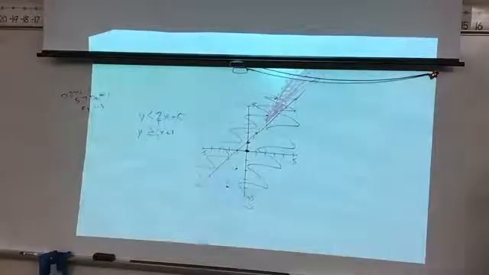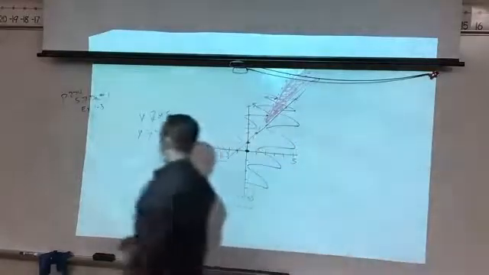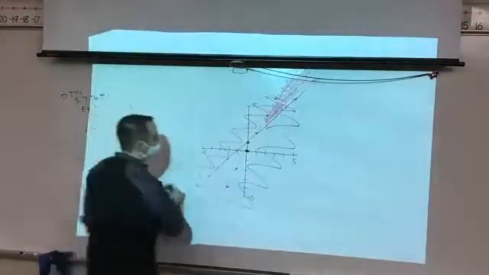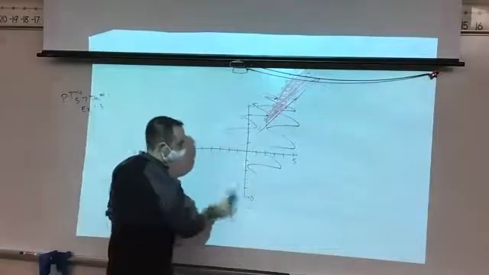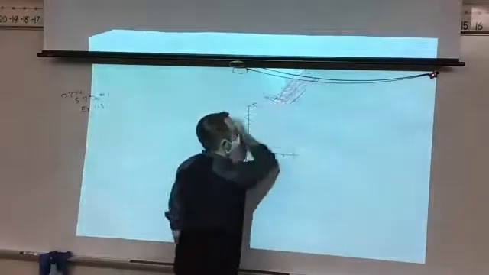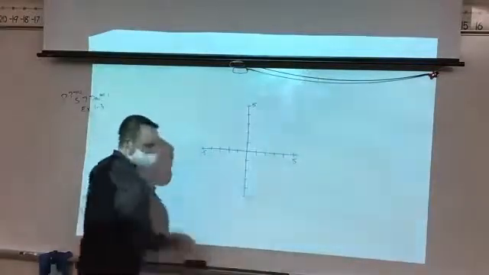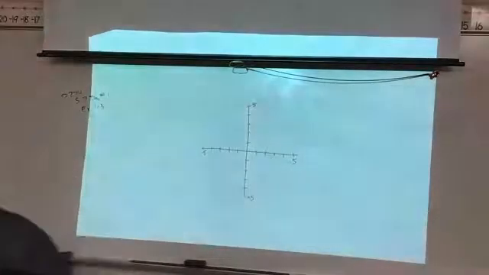Okay. All right. Let's take a look at another one here. And I'll have you do it on your own. I'll give you a few minutes to do it on your own, and then we'll check back in.